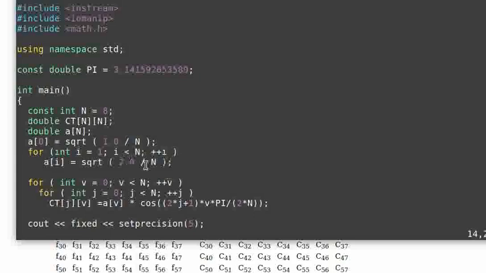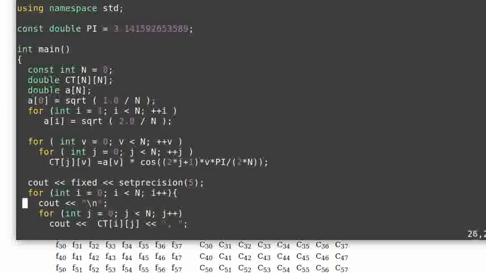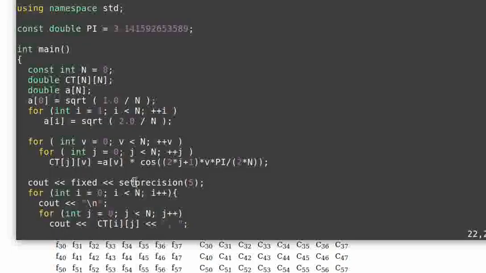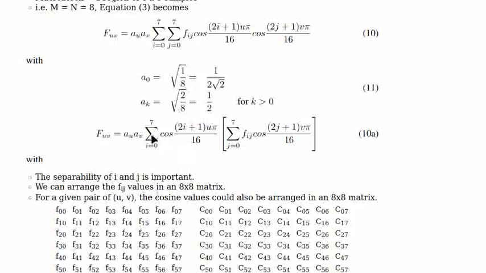And then the CT JV value is equal to AV times cosine of (2j plus 1) times v times pi over 2n. So basically this term, cosine of (2j plus 1) times v times pi over 2n, we also multiply by the AV constant.